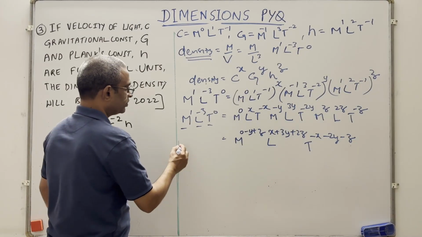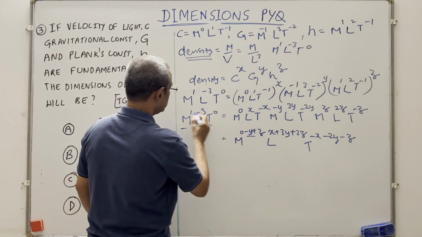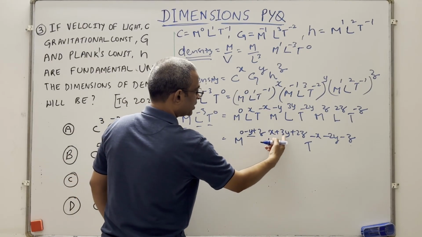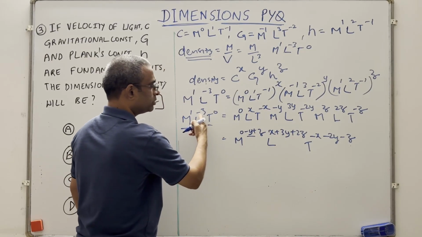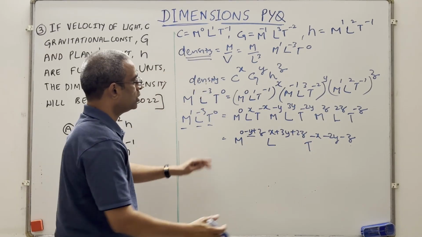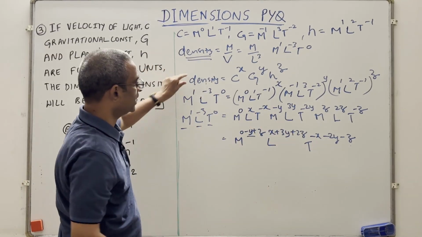So from this it is very clear that these powers should be the same. So 0 minus y plus z is 1, x plus 3y plus 2z has to be minus 3, and minus x minus 2y minus z has to be 0 for all of this to be density.